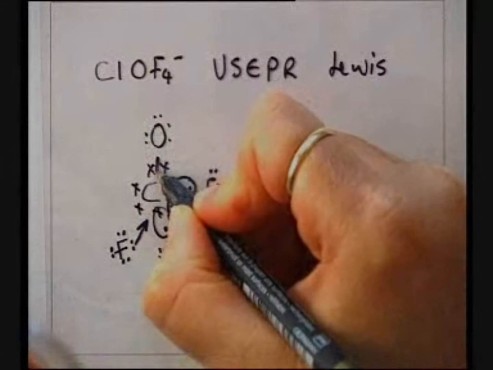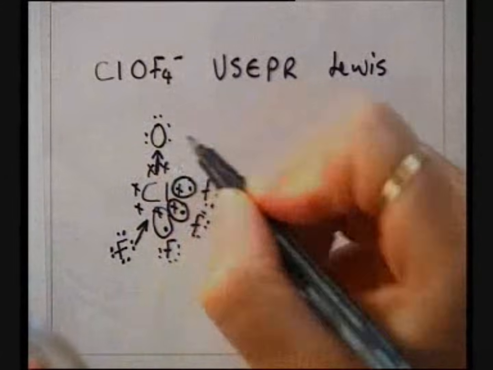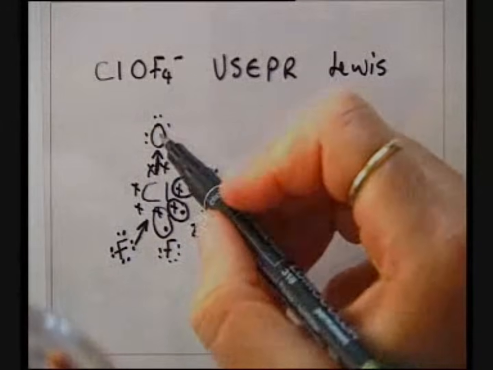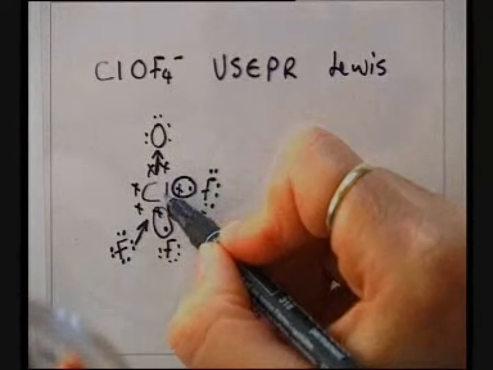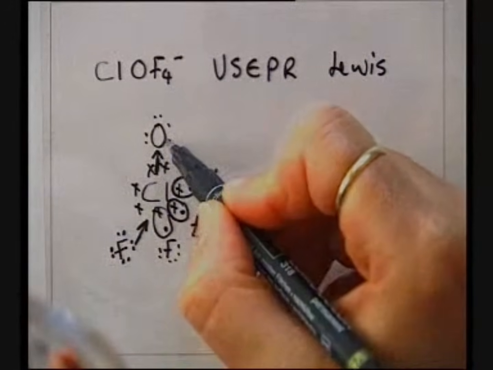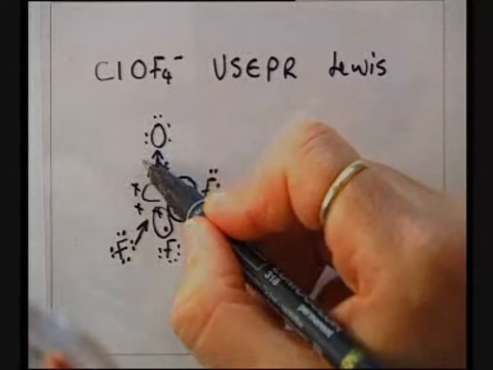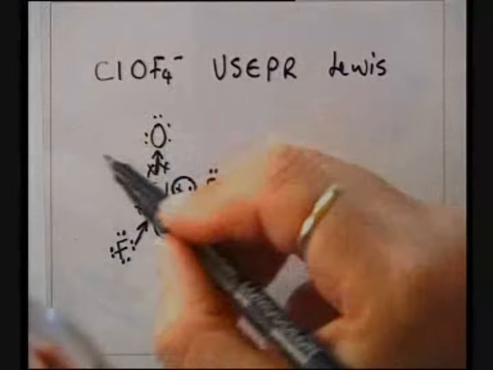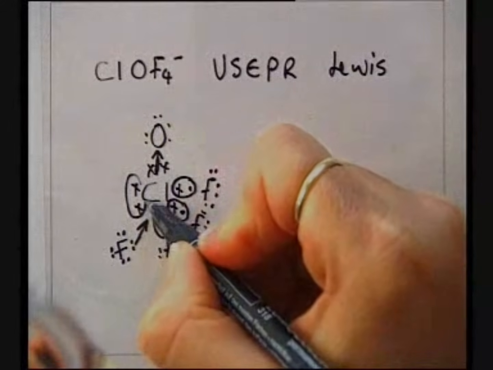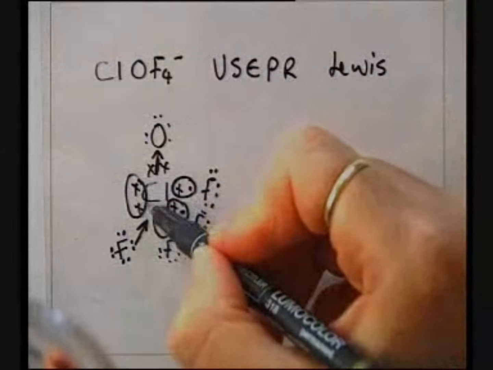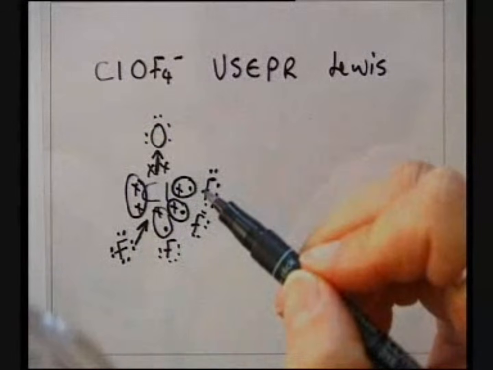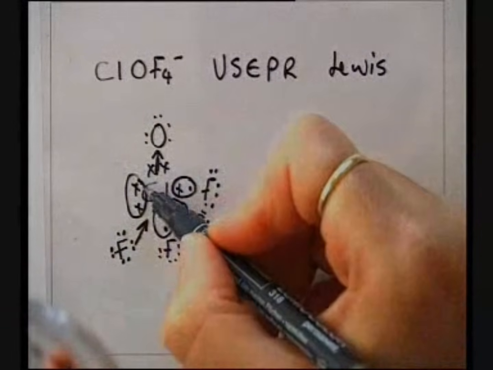We can suggest a dative covalent or coordinate covalent bond where the chlorine atom will donate 2 electrons to an open orbital around the oxygen atom. This will give an electron octet to the oxygen atom. Then we can pair these 2 electrons and then we've got a lone pair on this central atom.